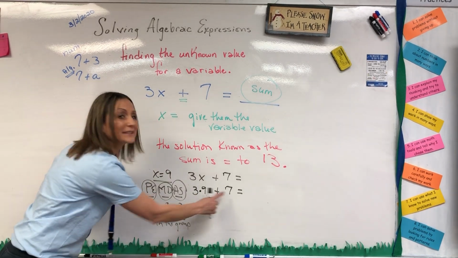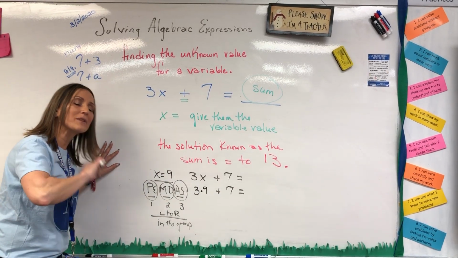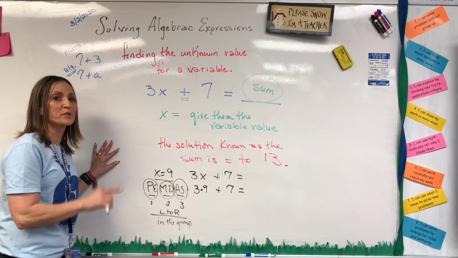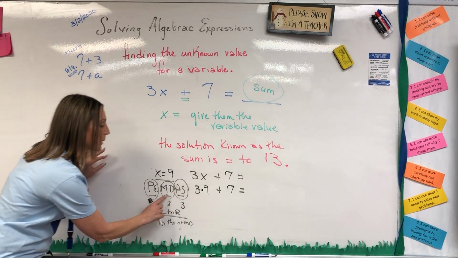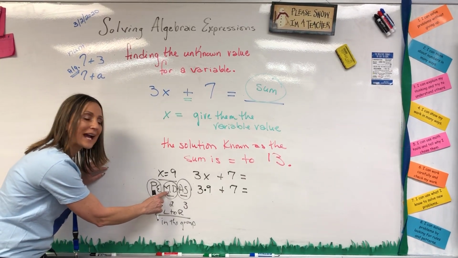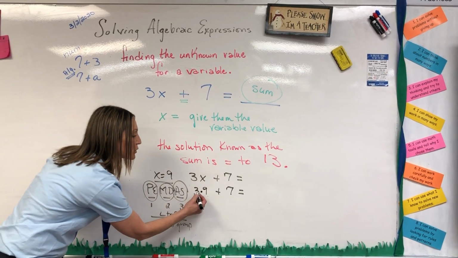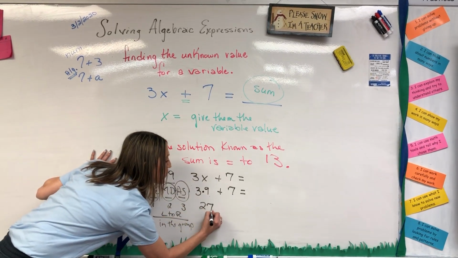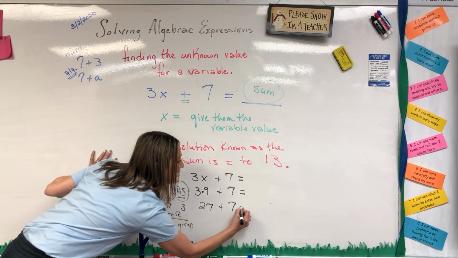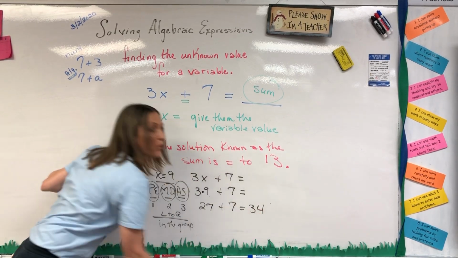They'll do 9 plus 7, and that's going to give them a totally different answer than the correct response. They must first do multiplication because multiplication is a higher order of math than adding and subtracting. So they must do 3 times 9 is 27, plus the 7, to get the answer of 34.